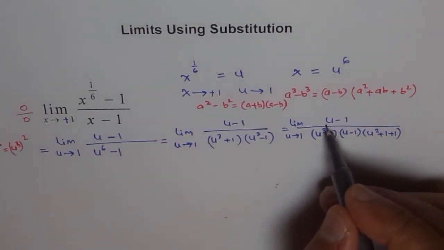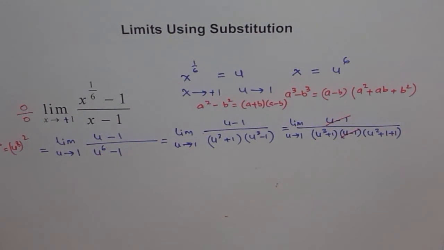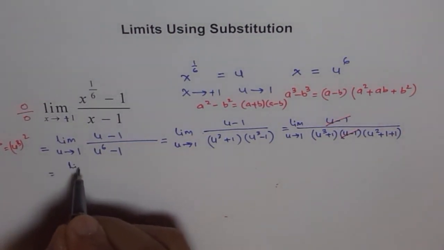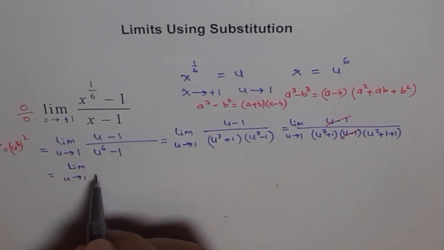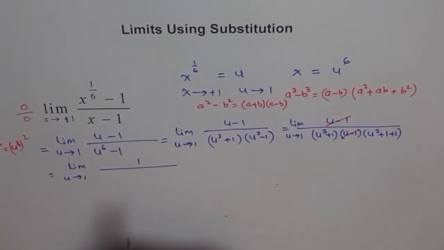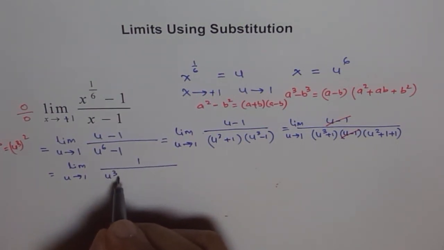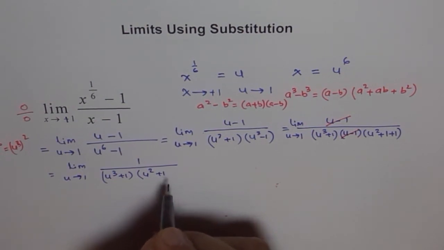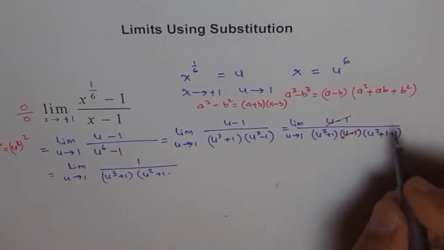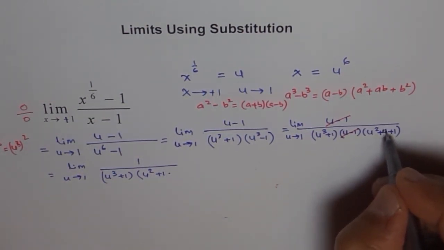Now you see common factor u minus 1, that can be cancelled out, and so we are left with limit u approaches 1, and here we can write 1 over u cube plus 1 times u square plus u plus 1.